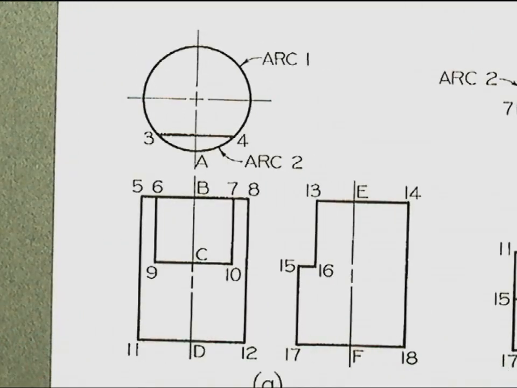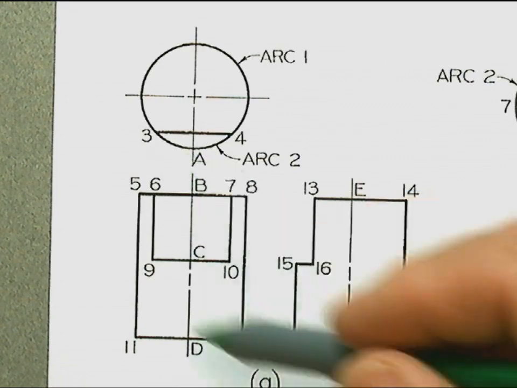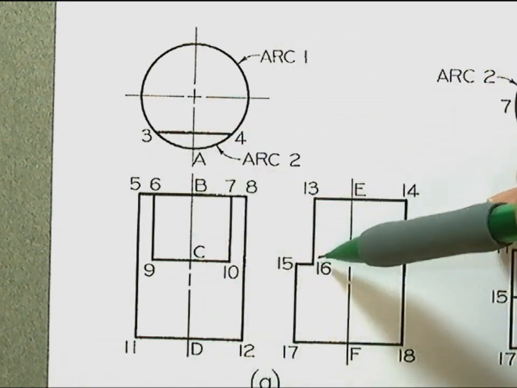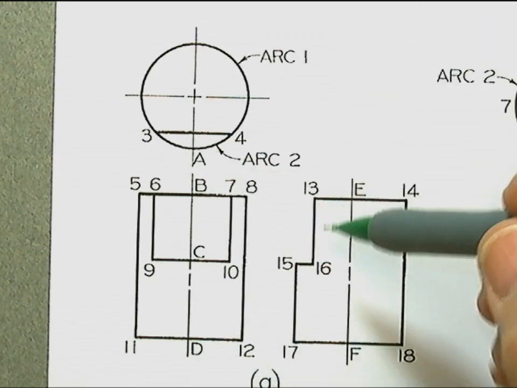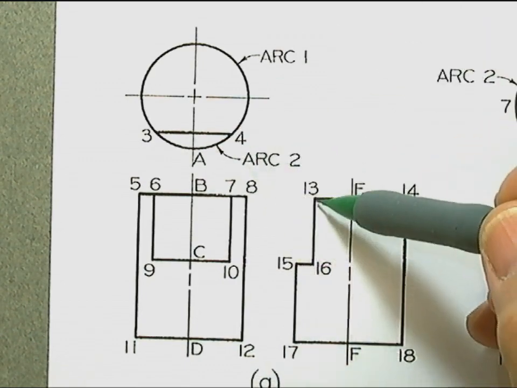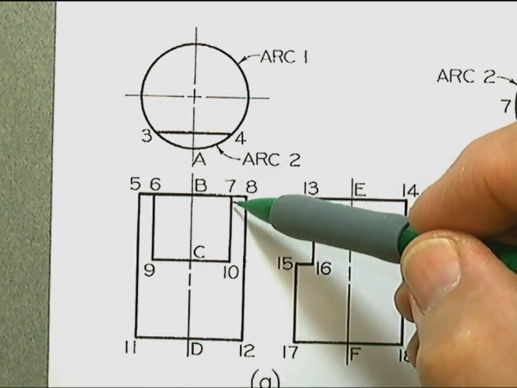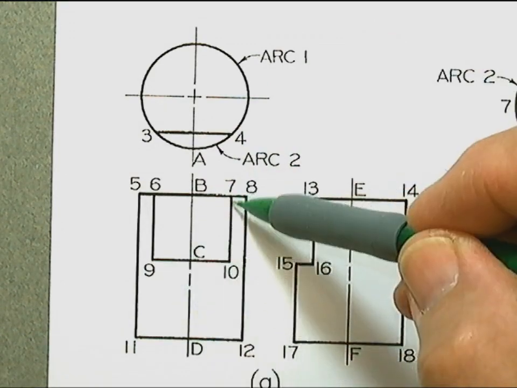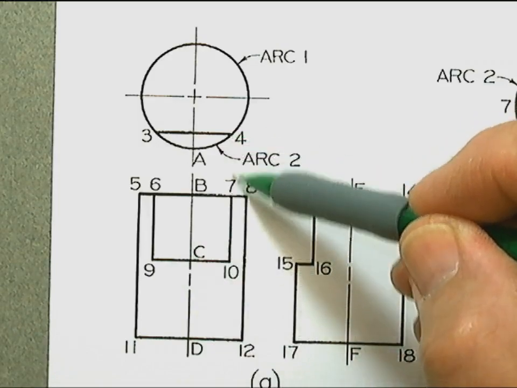So here, this one has just a step cut out of it, a little piece cut out of the side of the cylinder. So the edge is now in the front view a little further back on the circumference.